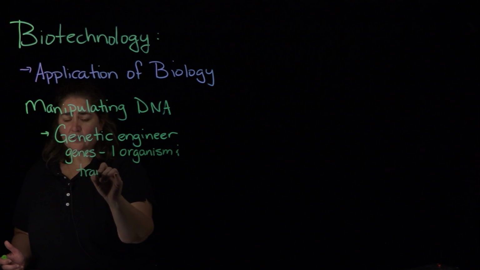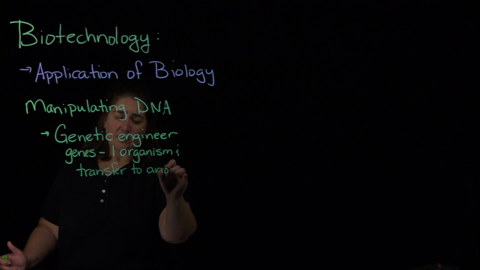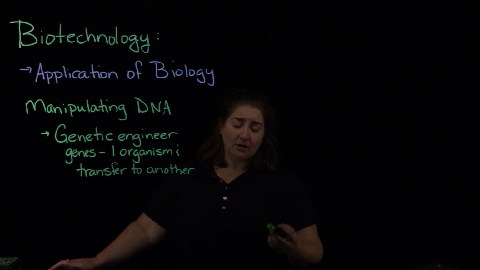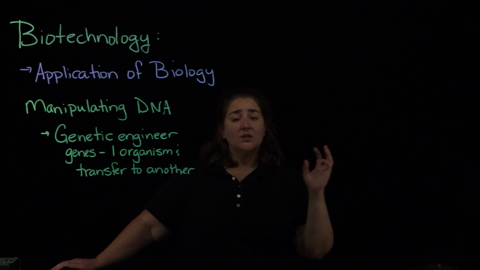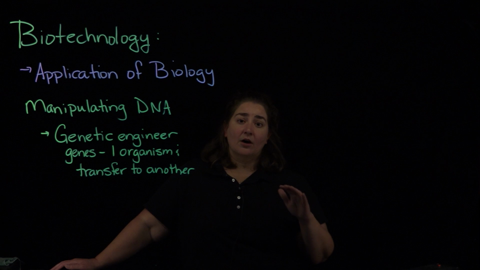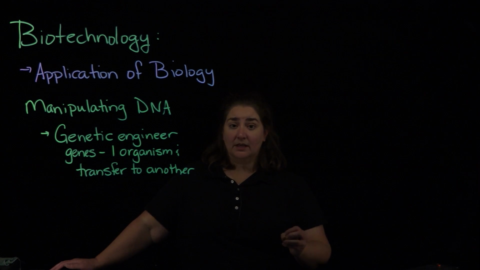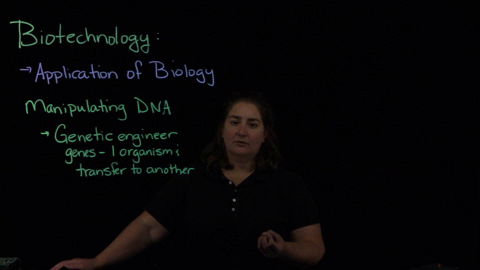and transferring it to another. And there are a lot of applications where that is something that you may come across in your day-to-day life. It used to be way, way long ago, back when I was a little kid, if you were diagnosed with diabetes, and we're talking type 1 diabetes here, where you need to have insulin injections, the source of insulin was actually from pig pancreas.